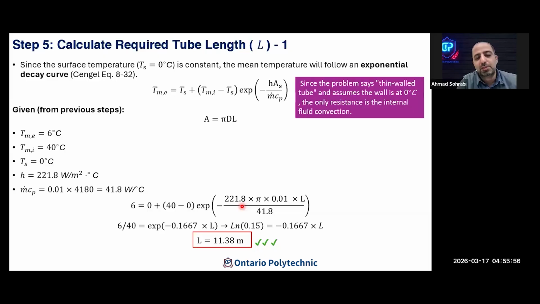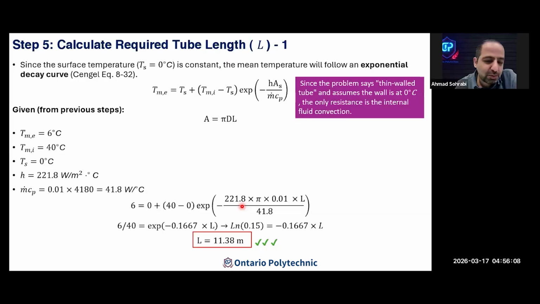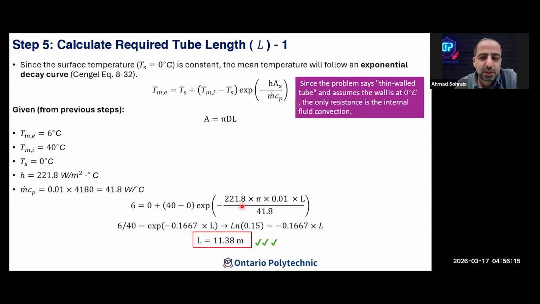We can use both of them. But if you go with the LMTD, you get different numbers, and all of these are different from the table, yeah? No, we can do the same calculation with the LMTD. This one is with the LMTD. We can check together to see if we get the same answer or not. Okay, good.